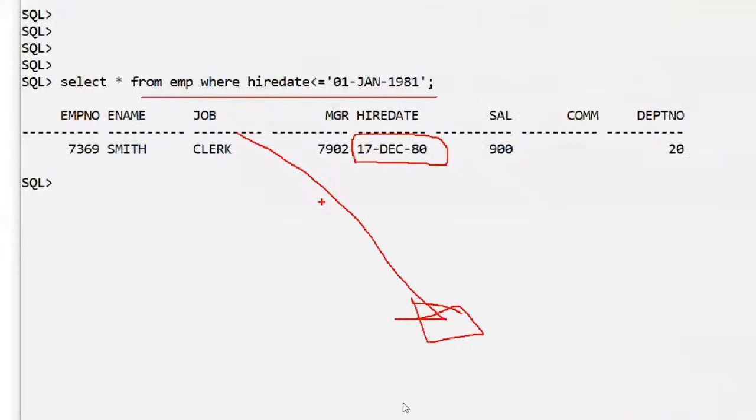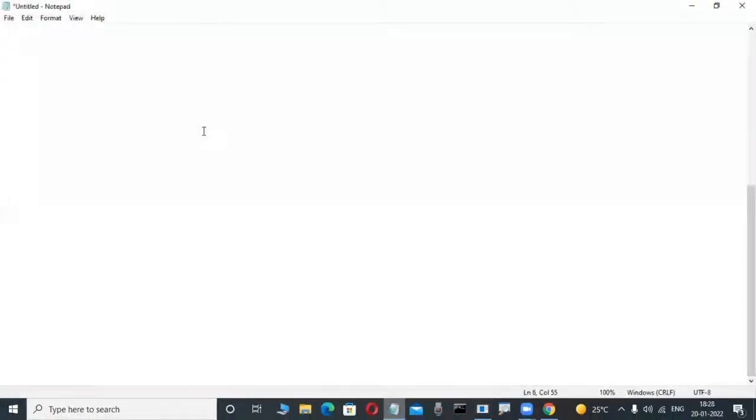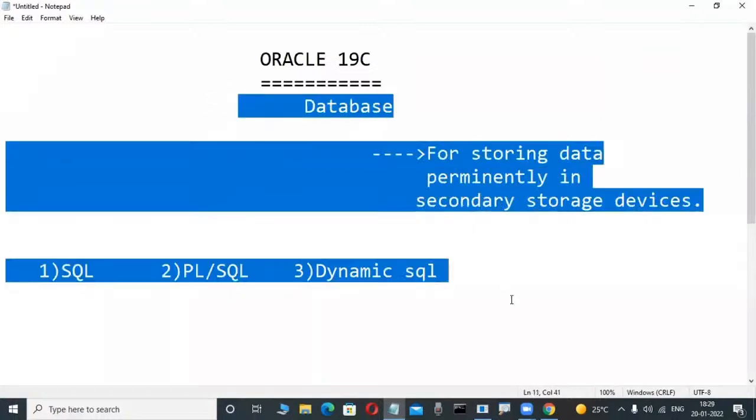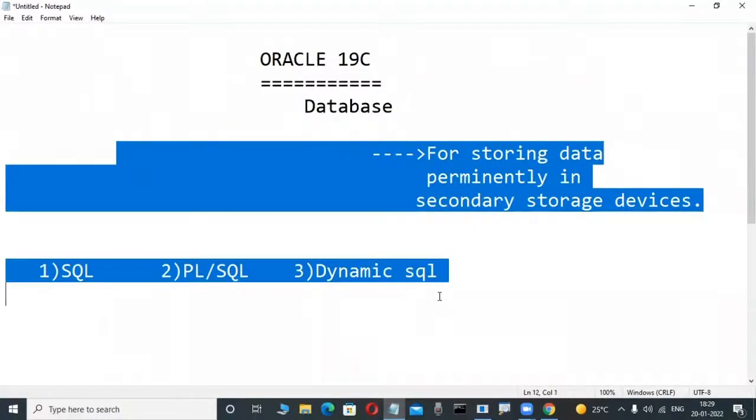That's why efficient data retrieval is most powerful, and it is possible through these databases and these languages.